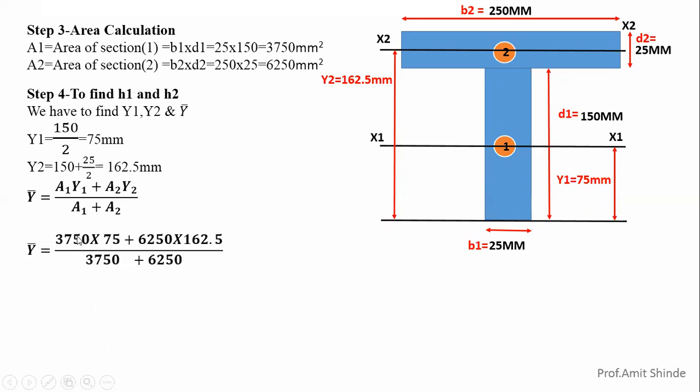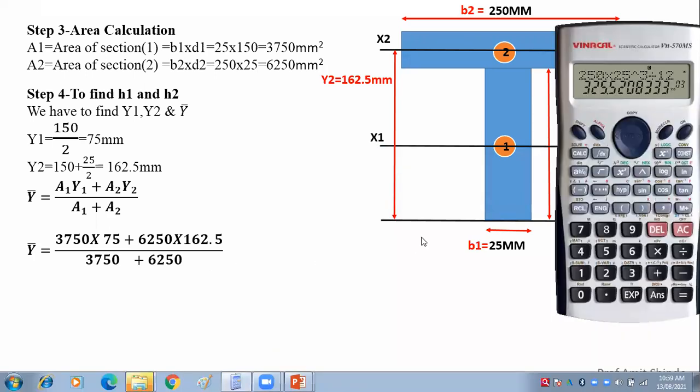Now put the values as per the calculation, and simplify the terms. In brackets, 3750 multiplied with 75 plus 6250 into 162.5, bracket complete, divided by the bracket 3750 plus 6250, bracket complete.